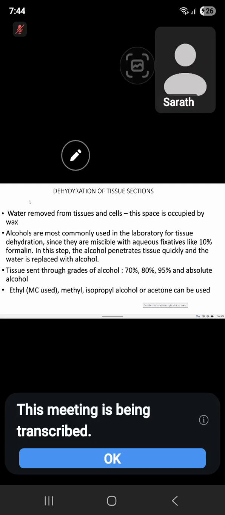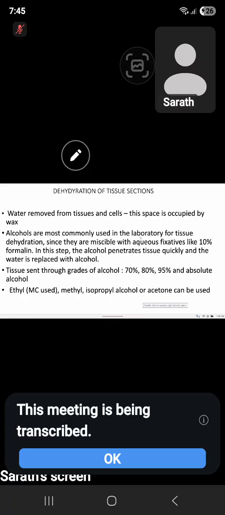Now water is removed from the tissue and the cells. Now the space is occupied by wax, right? Alcohols are most commonly used in the laboratory for tissue dehydration, since they are miscible with aqueous fixative like 10% formal saline. In this step, the alcohol penetrates tissue quickly and the water is replaced with the alcohol.